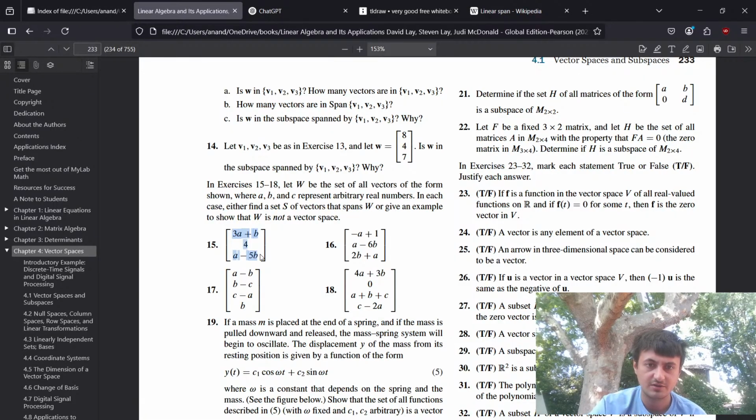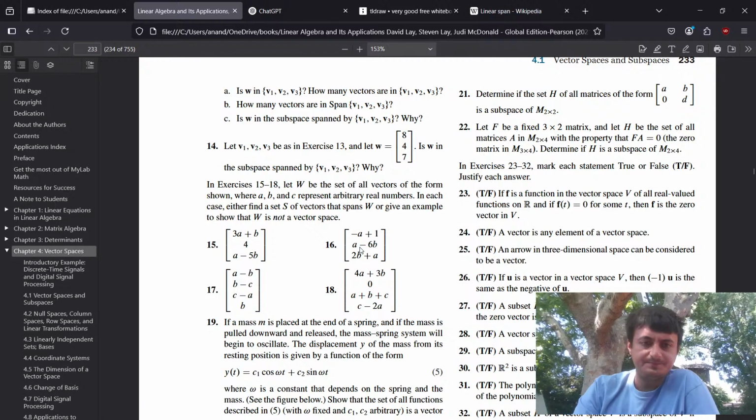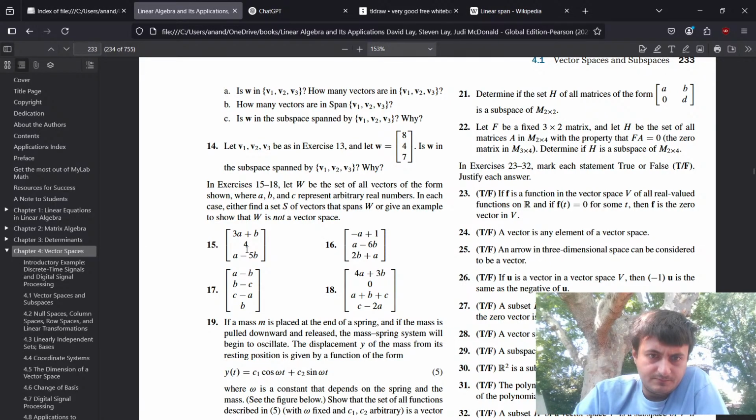Similarly here, well, let me think about that. Because in this case, you might be able to make a 0 vector.